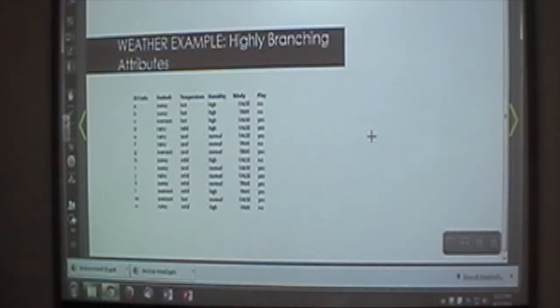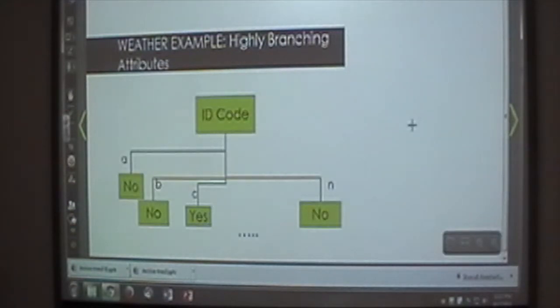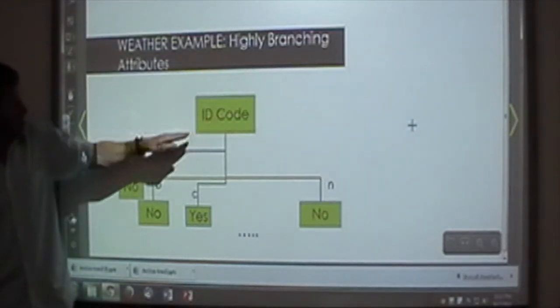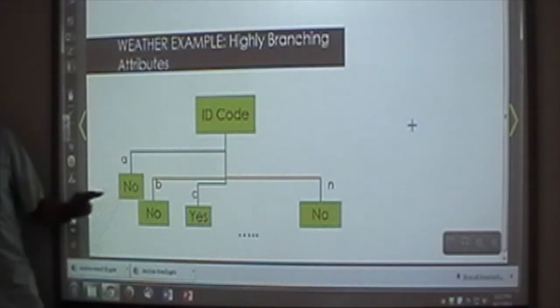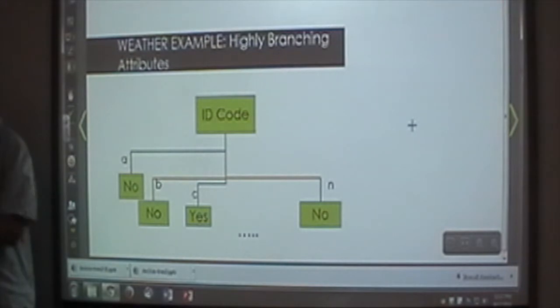And let's see what happens if we now branch on the ID code, right? Well, here would be the picture, and I didn't draw the whole thing. If I branch on the ID code, we have one branch going to A with a final single decision, 100% knowledge there.